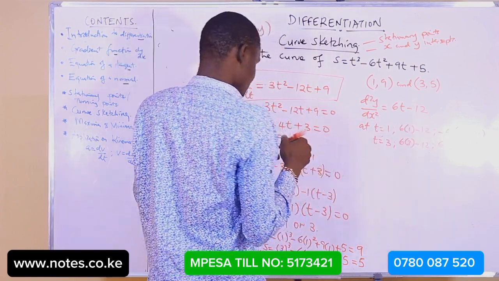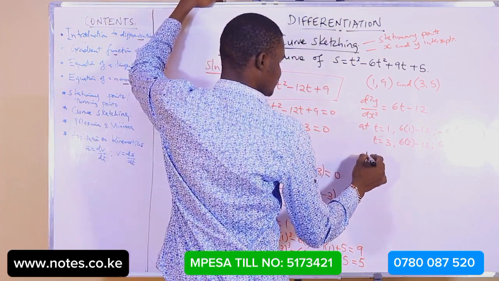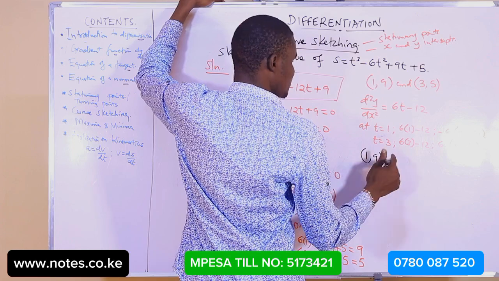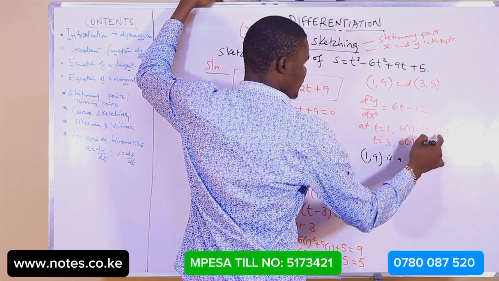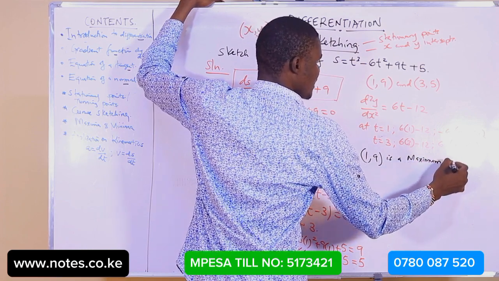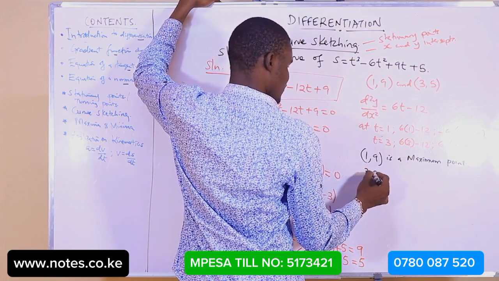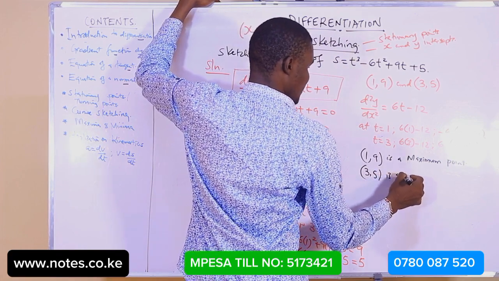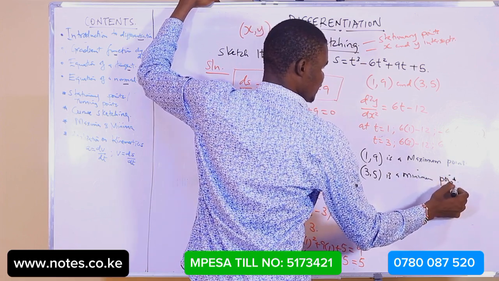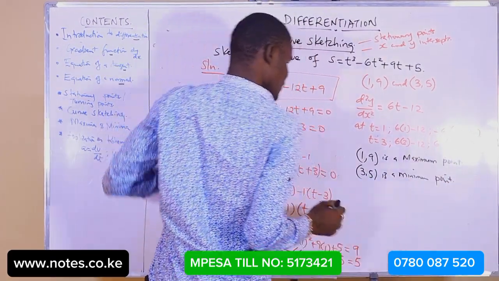So therefore, you can conclude that the point (1, 9), or you can just say at t is equals to 1, is a maximum point because the second derivative there is a negative. And then the other point now, (3, 5), is a minimum point because you can see the second derivative gives a positive value.